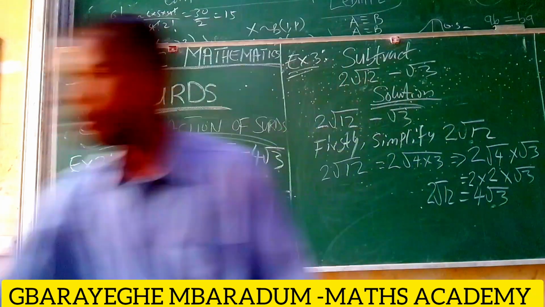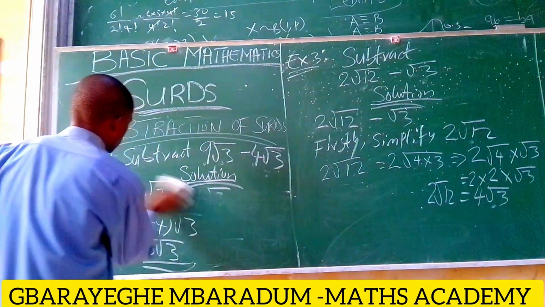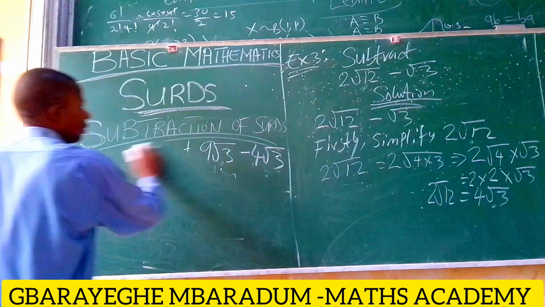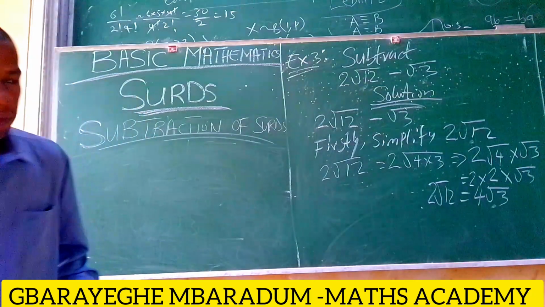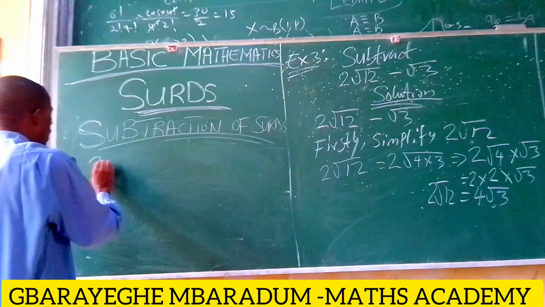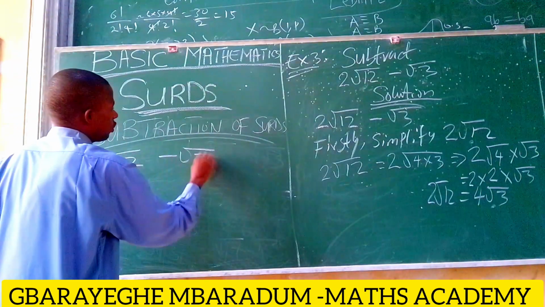Let's look at how to subtract this. From here, the question they give us is 2 root 12 minus root 3.